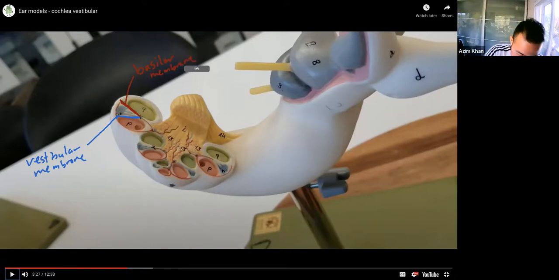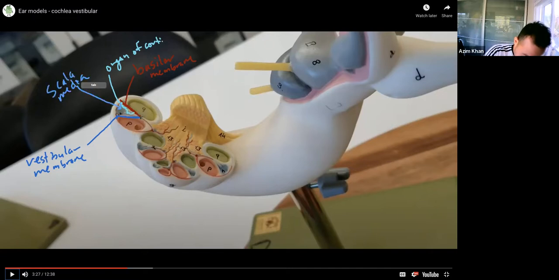That means here in the middle, you can see the organ of Corti a little bit, and you can see as a whole the scala media. This side of the basilar membrane would be scala tympani. This side of the vestibular membrane would be scala vestibuli.